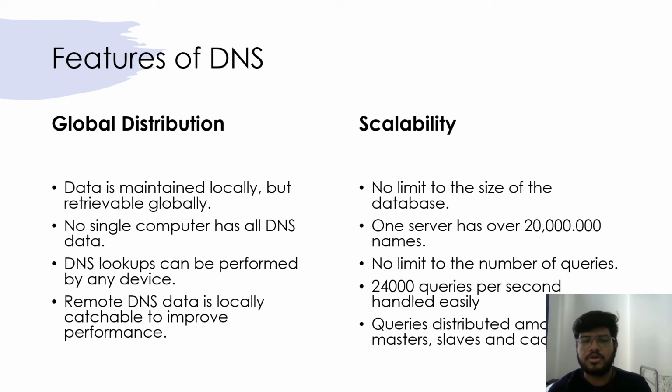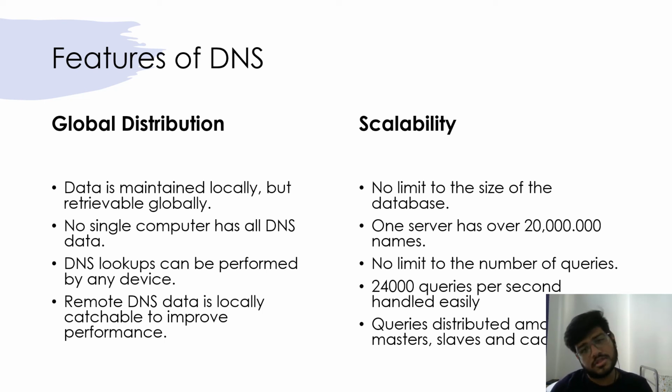This phone book contains data in a number of different servers and computers. The lookup can be performed by any device. It can be performed by a mobile, a laptop, a basic PC, or any basic device. Next, the remote DNS data is locally cacheable to improve performance.